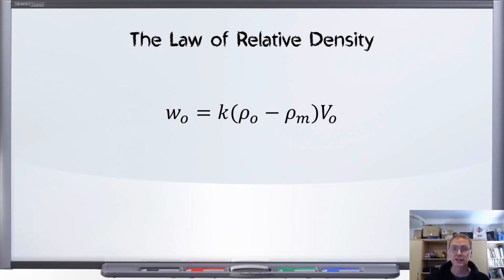If we had an object less dense than the medium it's in, this subtraction would come out negative, and that would predict a negative weight, also known as buoyancy. That object would float. So we put helium in here for rho sub O. We put air in here for rho sub M. We find helium floats up.